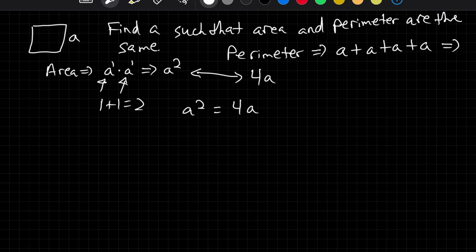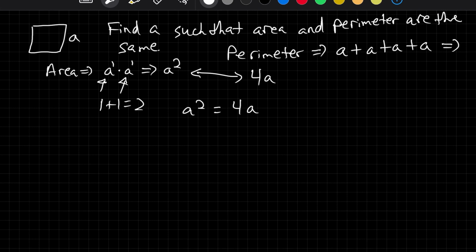Okay. So how do we solve what A is? What number is A? That's what we're looking for, a whole positive number. So what we have to do here is we have to find something common on both sides.